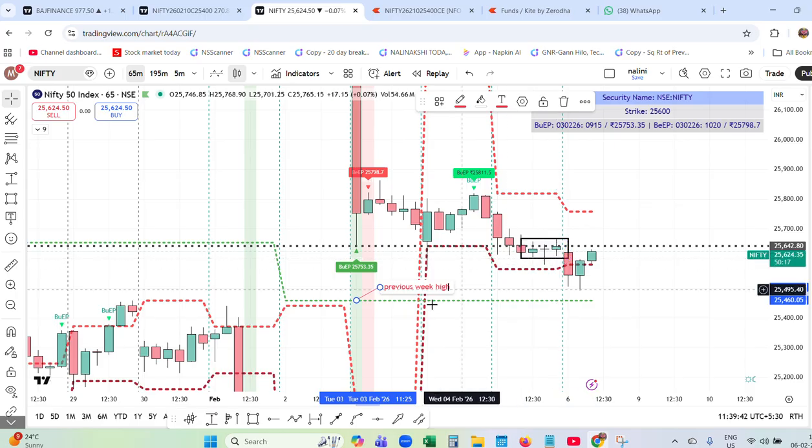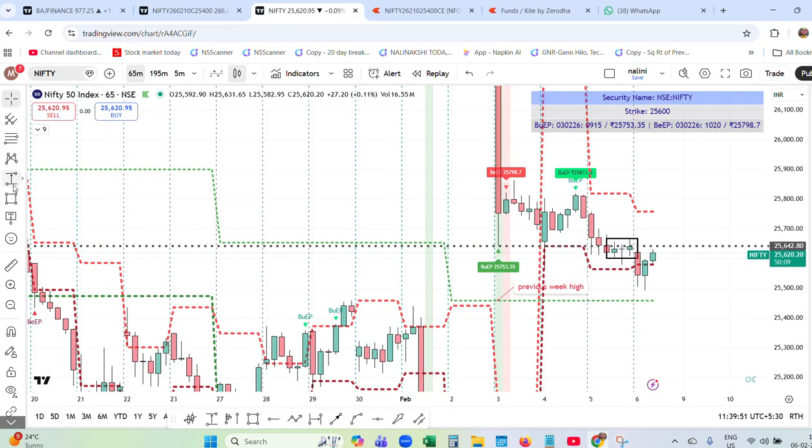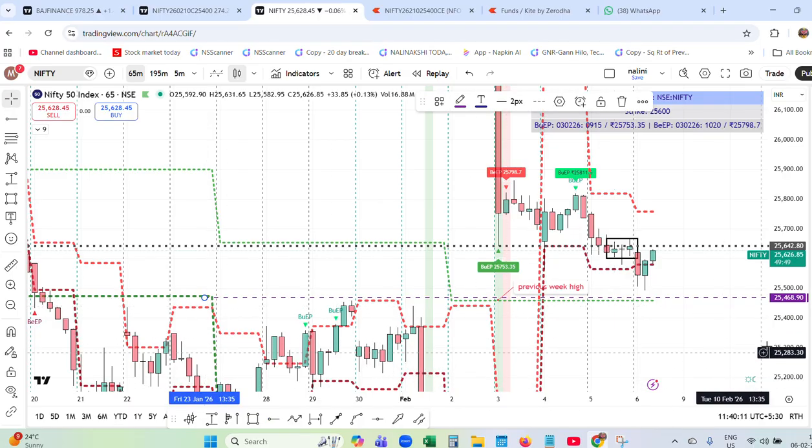If I would have taken a short BTST, I would have gone short. But if you go there, these are the cusp, previous week low and previous week high. Let me mark this. This is the previous week low from where the market had gone down, and this is the previous week high.